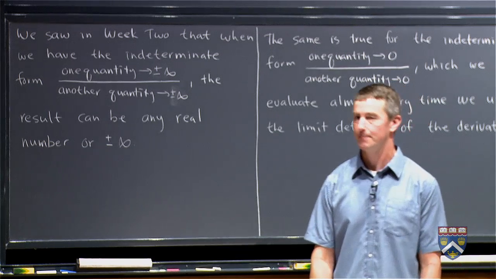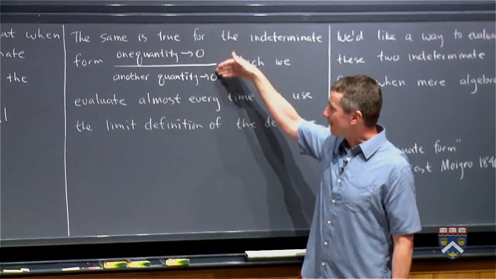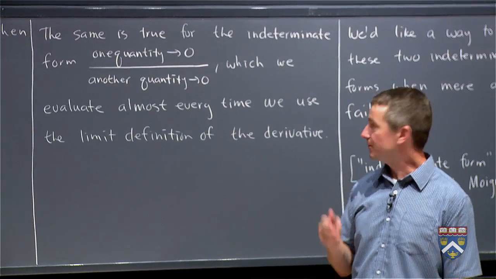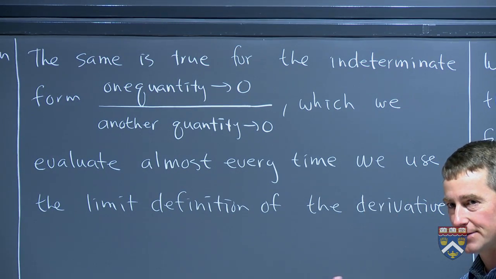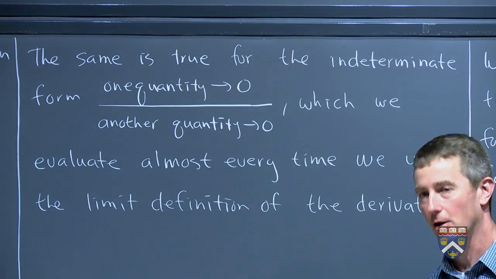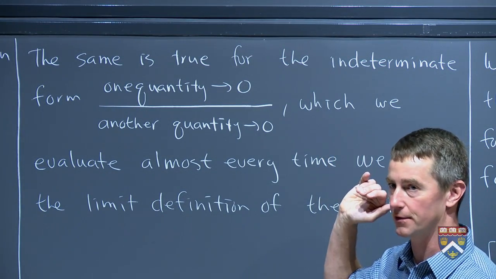We also saw infinity. Similarly, there's the indeterminate form where the top and the bottom of the fraction are both going to 0. And in fact, almost every time that we use the limit definition of the derivative, where we have h going to 0, both the top of the fraction and the bottom of the fraction are going to 0. The only time that it's not, of course, the bottom is always going to 0 because h is going to 0 there.